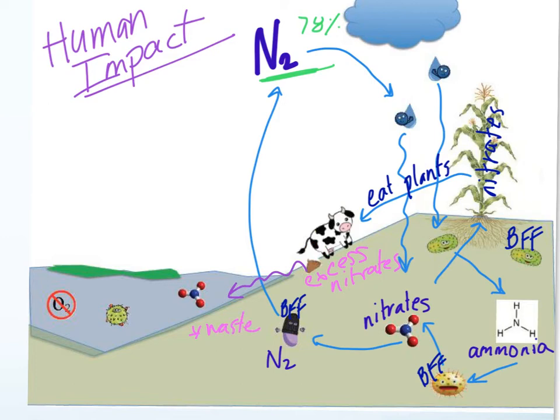Here we have our animal waste. Fertilizer, which can be related to that waste or a little bit different, or human waste, known as sewage. And so when we have excess nitrates in those forms, simple things like rain and runoff can push it down into the hydrosphere.